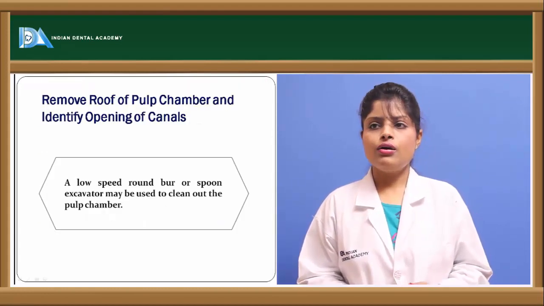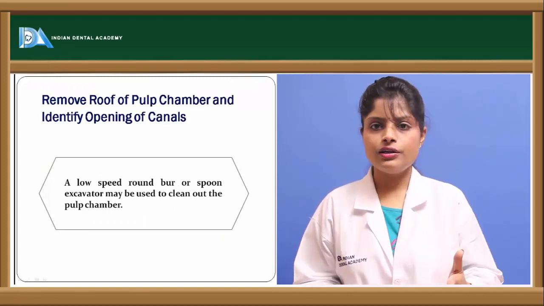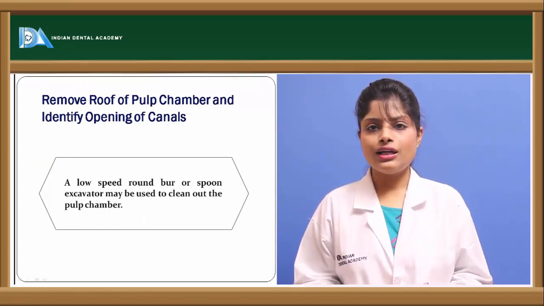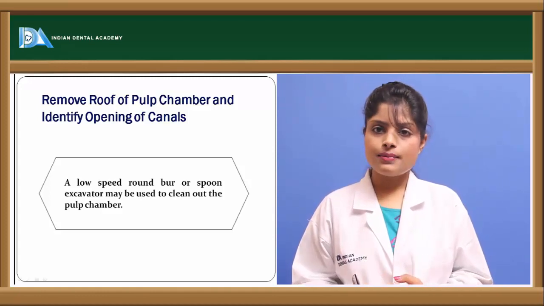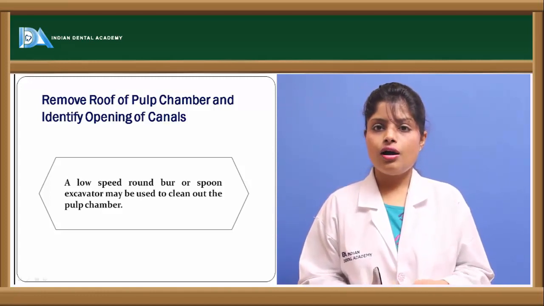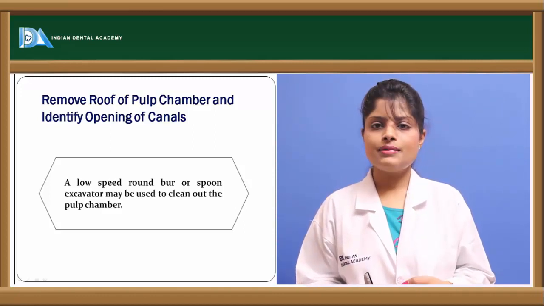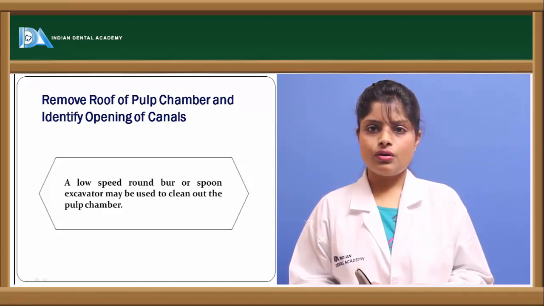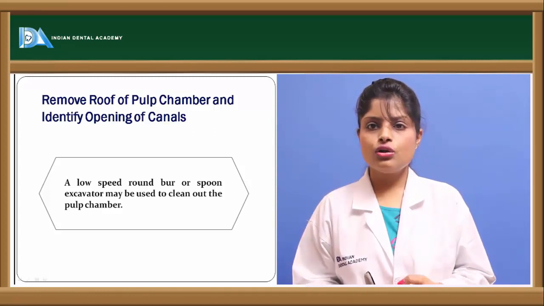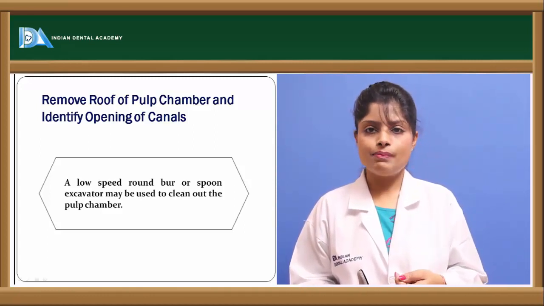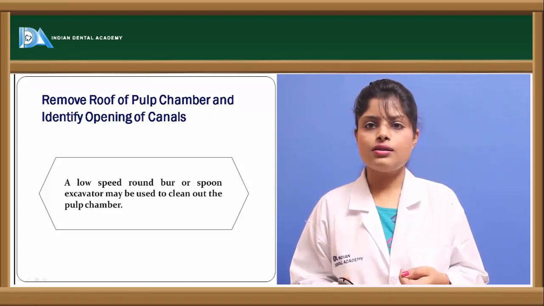So, a low speed burr is further used to evacuate the entire coronal pulp. It can also be substituted by a sharp spoon-shaped excavator. We can use it in a scooping motion throughout the pulpal chamber to evacuate all the contents.